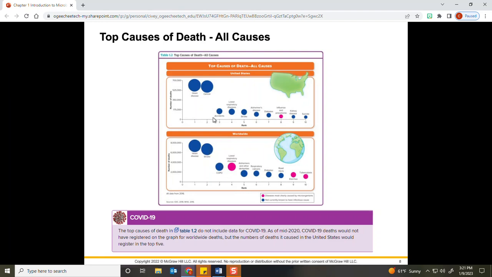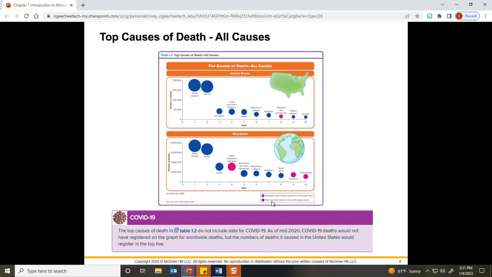COPD, accidents, lower respiratory diseases, and again, lower respiratory diseases here. I want you to take a look, though, at the ones in pink. And notice that the ones in pink are caused by an infectious disease. See, if we look here, this pink represents diseases that are clearly caused by microorganisms.